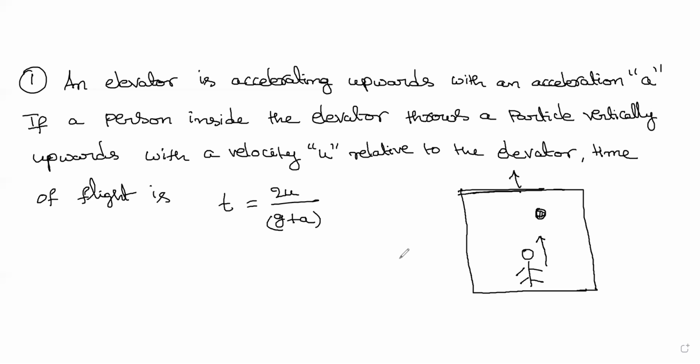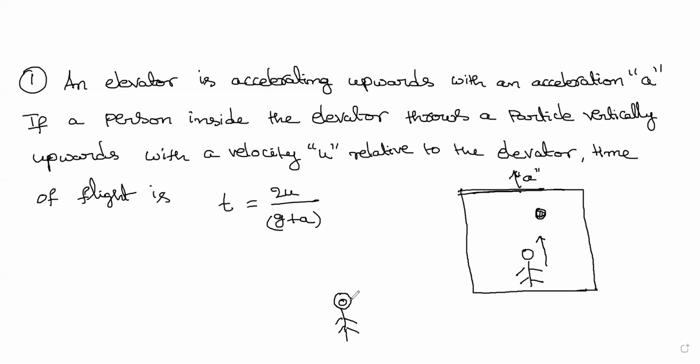Now we are observing this from outside. Is this understandable or not? Please respond, all of you. Okay, one by one. We are observing this elevator is moving up with an acceleration of a upwards. Okay? And now when this ball is thrown up like this, we have to see what the forces are.